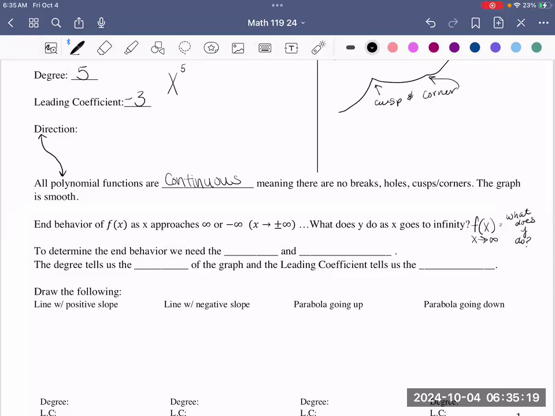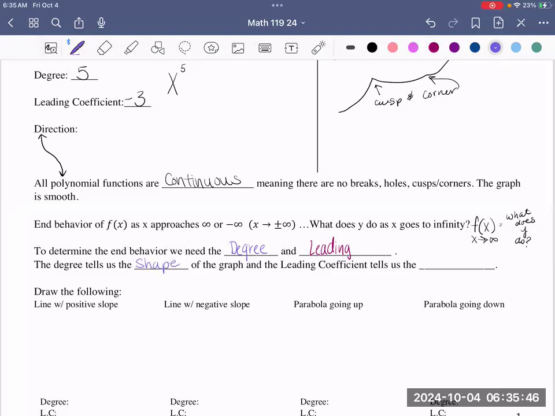Now, your y value can do a number of things, and this all comes down to something called your end behavior, which we take from your degree and the leading coefficient. The degree tells us the shape.